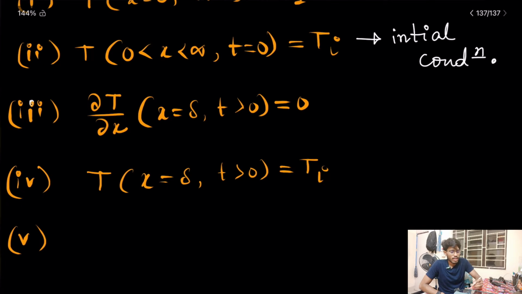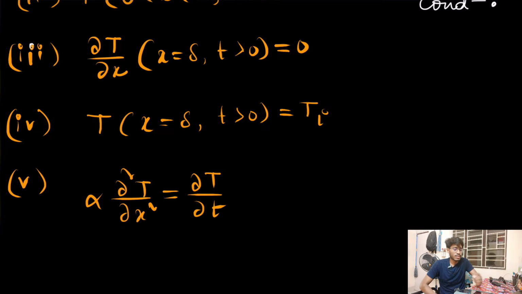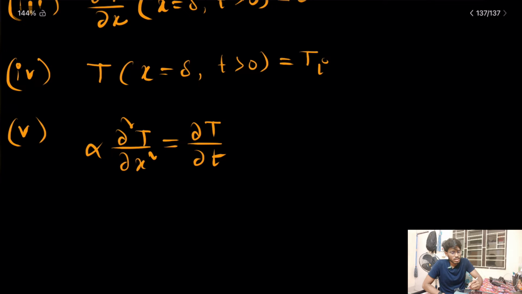And one more thing. Let me write the governing equation again: alpha into this equal to del T del t, right? Now in this governing equation, you put the things at x equal to 0.